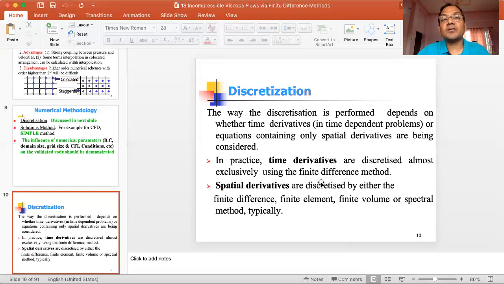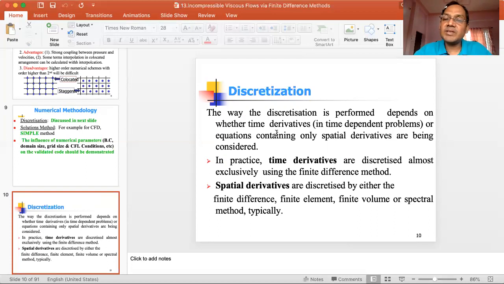So now let us come to the discretization part. The way the discretization is performed depends on whether it is a time dependent variable, because in a PDE we have more than one independent variable. We define two: one is the time derivative, and the other is the spatial derivative.